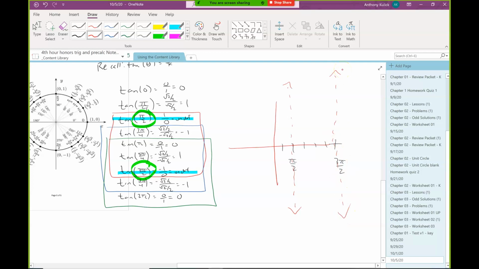Everybody's okay there? At 3 pi over 4, I have negative 1. At pi, we have 0. And at 5 pi over 4, I have positive 1. So following my asymptote, my graph kind of looks like that.